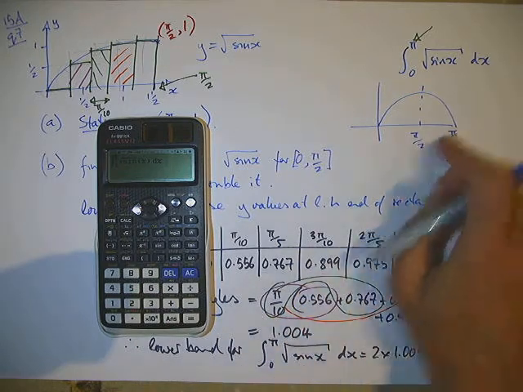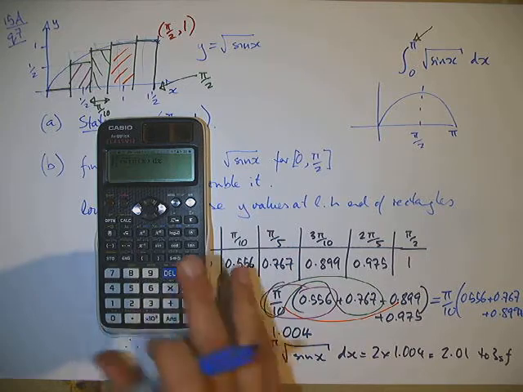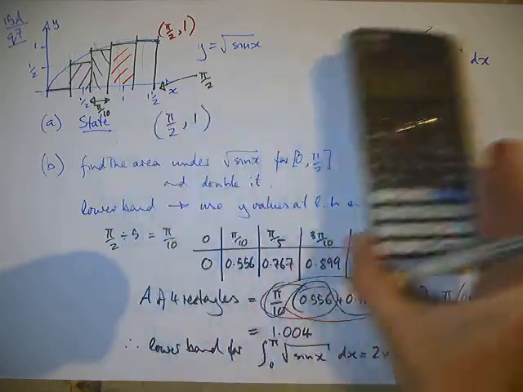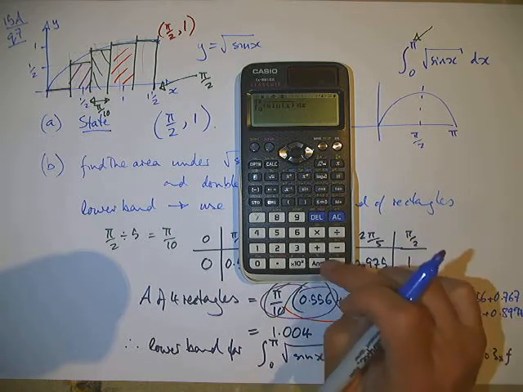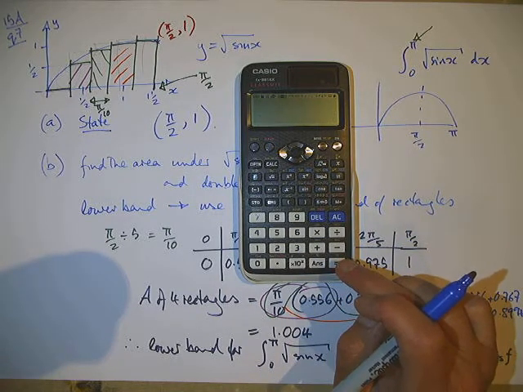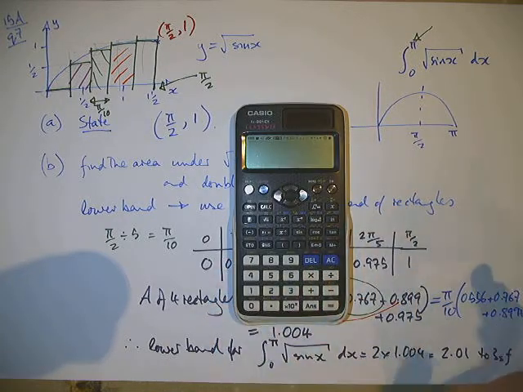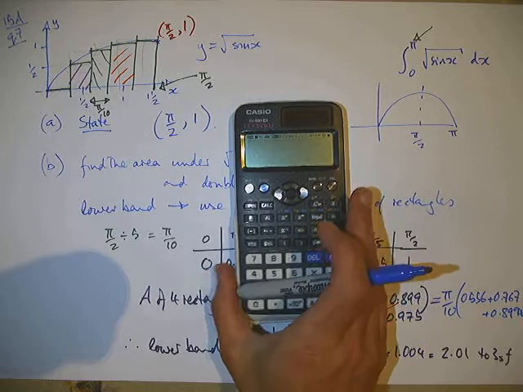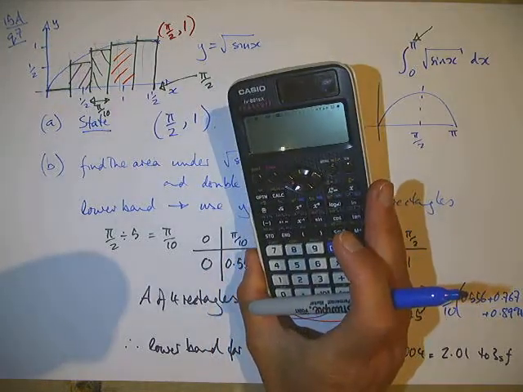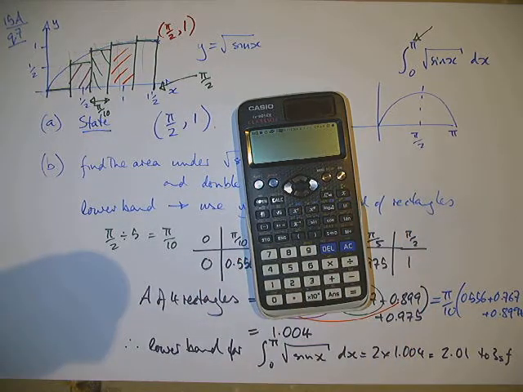So I can put the limits in of pi and 0, and I'm hoping that 2.01 is a value less than that. Well, while we're waiting for it to come up with an answer, now that's good, isn't it? Perhaps this is a question which the calculator can't do. I'm just going to pause the video and see if an answer comes up.